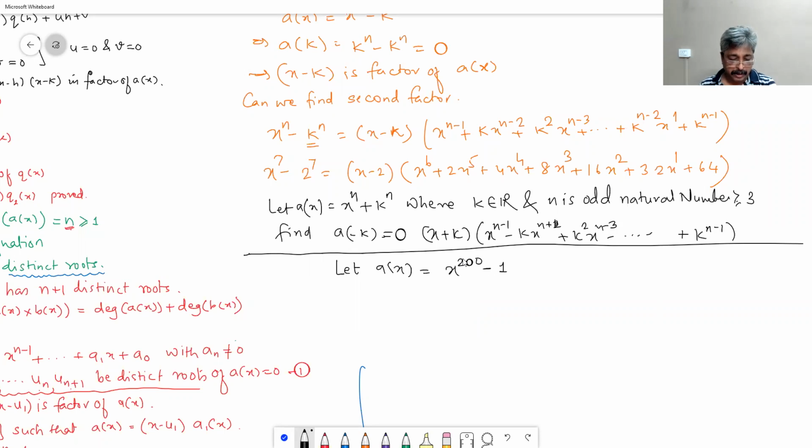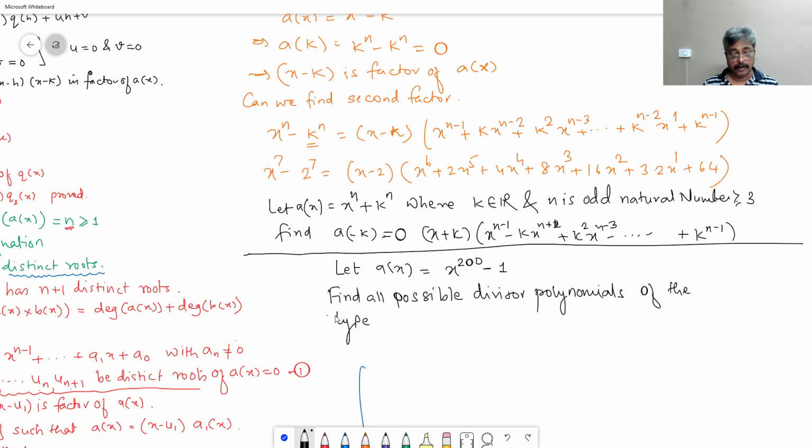Find all possible divisor polynomials of the type x raised to k plus or minus 1 of a of x, where k is a natural number.